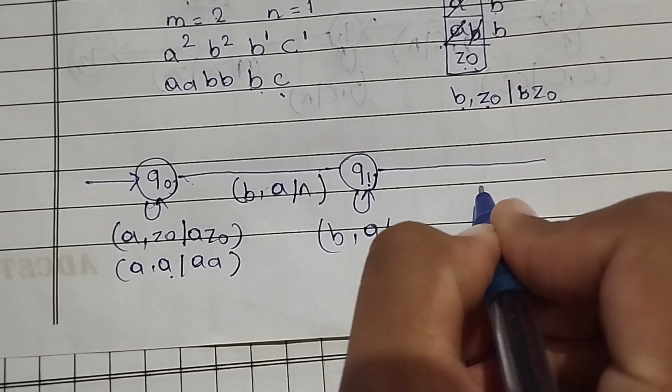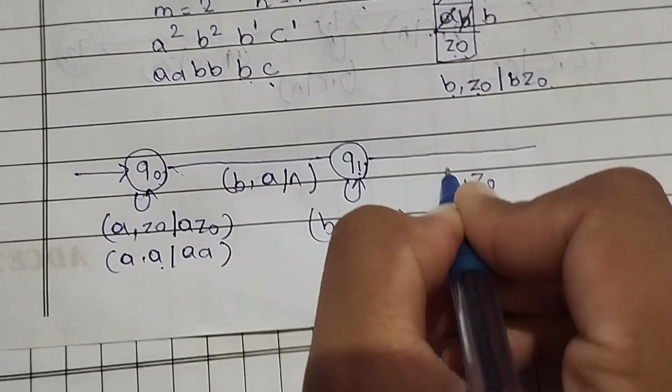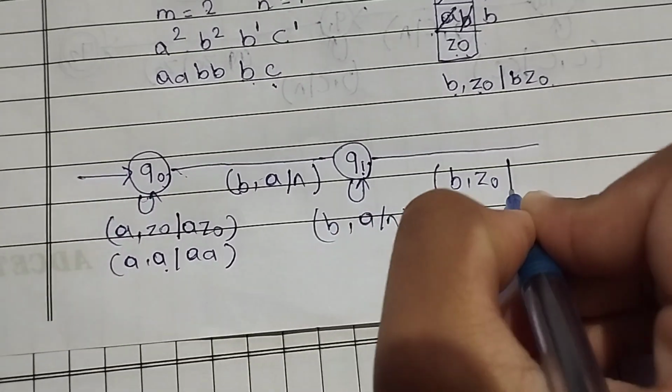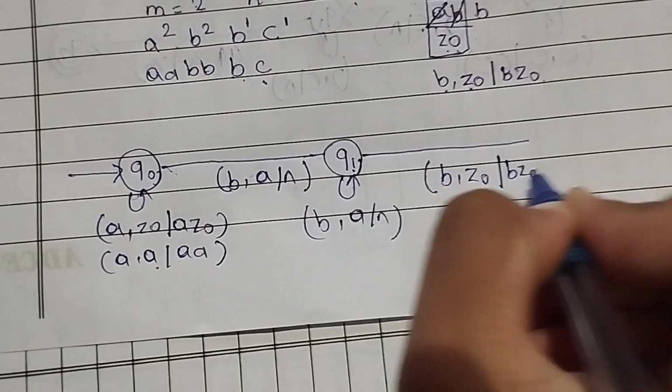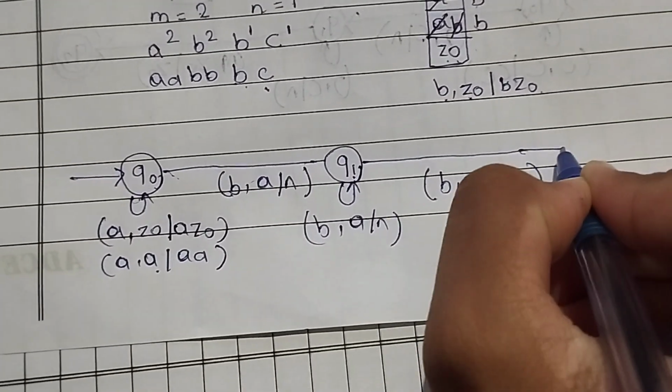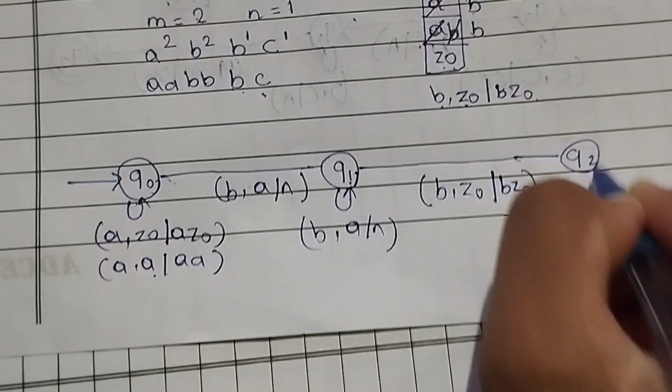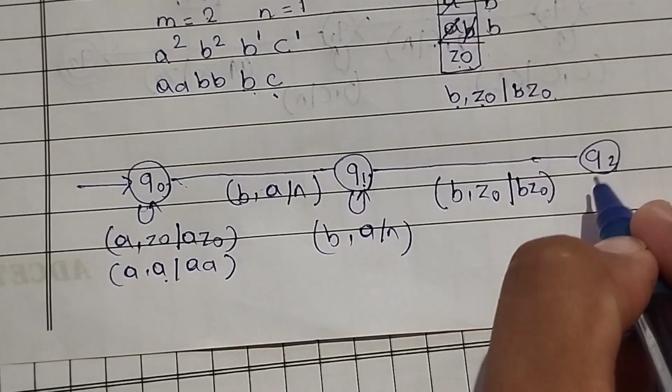So here now initially Z0 is present, again we read B, then what we do? Push the B, B Z0, and in the same way we push all the B's, a number of B's.